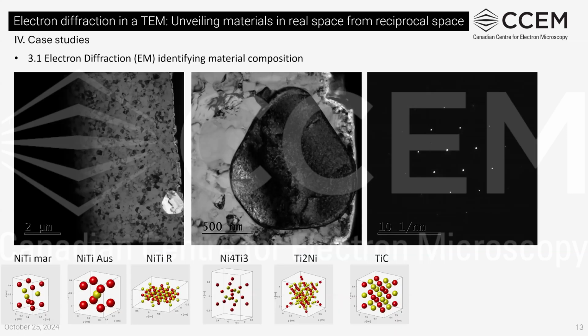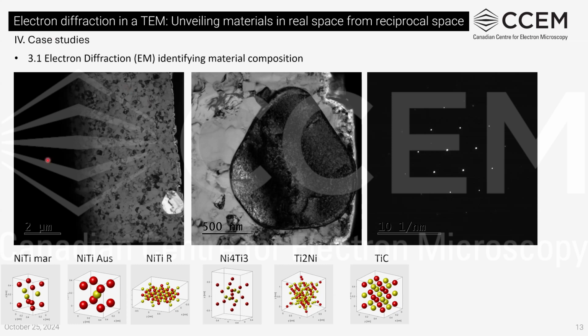Now we know how to index diffractograms, but what can the indexation of diffractograms concretely do for us? This webinar is to unveil the materials, so how can the diffractograms do this for us? Let's go through the case studies. In the first case, electron diffraction can identify what material we have.